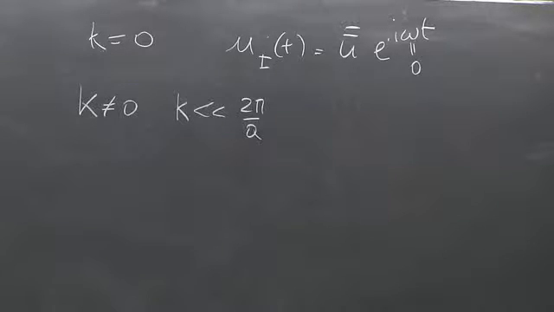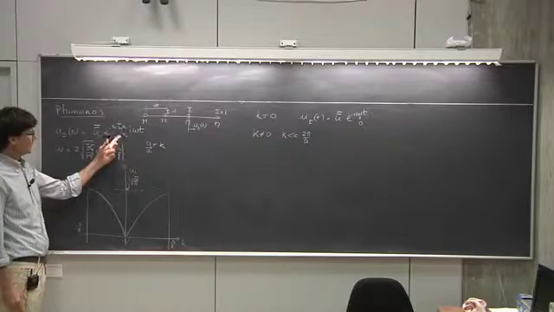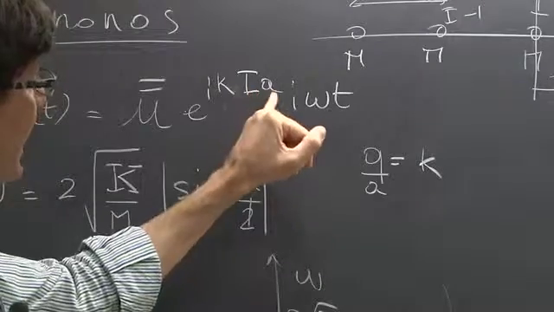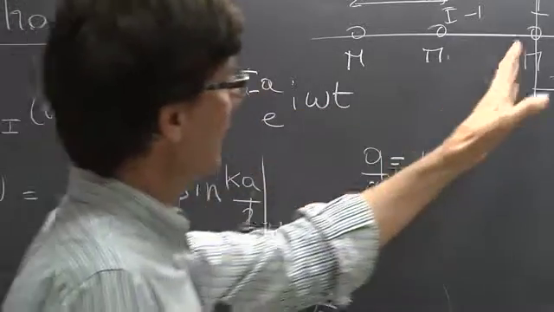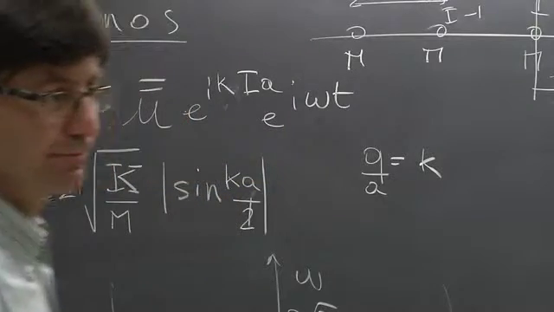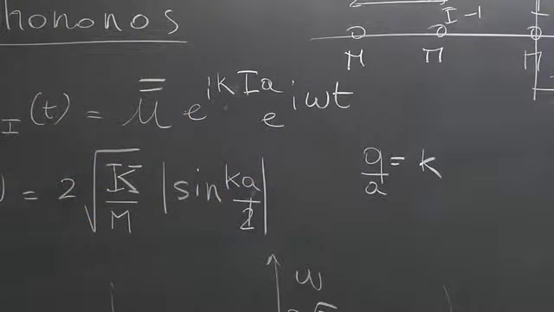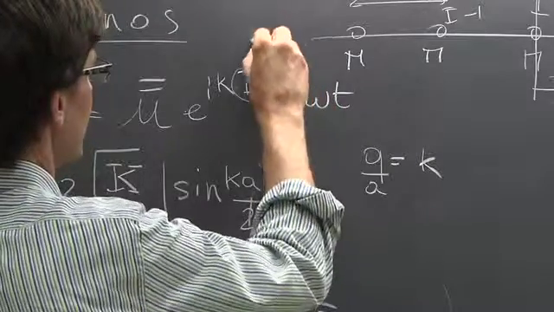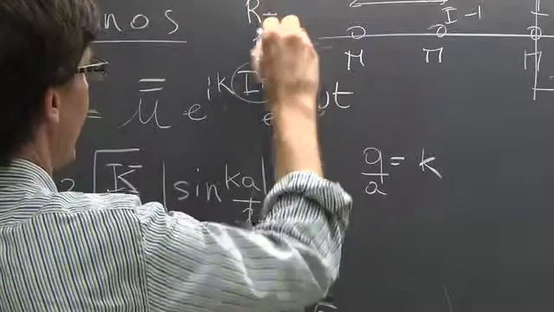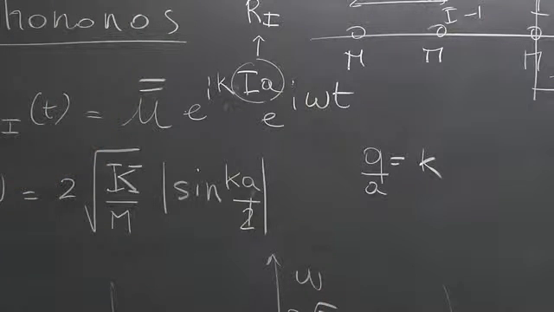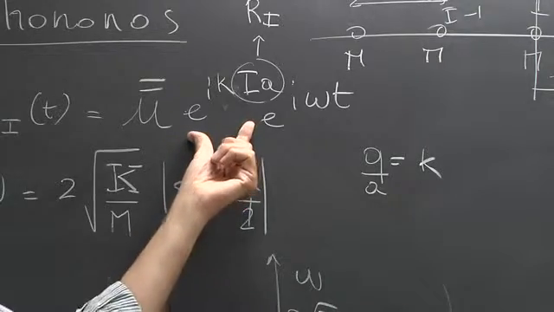Now, if you look at the solution, we've done it also for a tight binding model. This is e to the i k i a, where i a is the position of atom i in our monatomic lattice. We did exactly the same for a tight binding model. You can recognize that this is essentially the position of atom i, because it's i times the lattice spacing. So this one is essentially a wave.